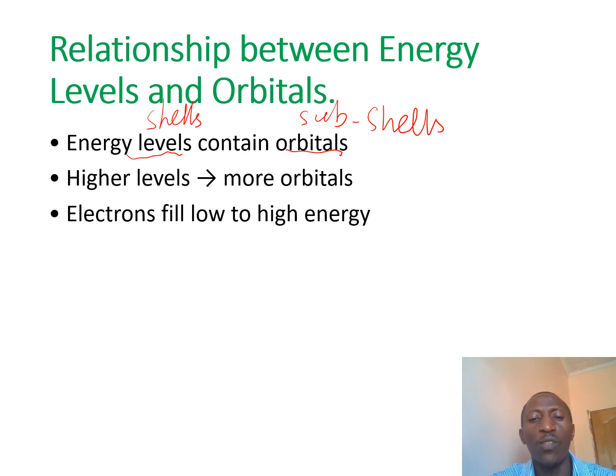One important thing that we shall see later is that higher shells or higher energy levels contain more orbitals. We have noted that one. And there is what we call the Aufbau principle, which says that electrons will fill from low energy levels to the high energy levels. That order of filling electrons is very important.